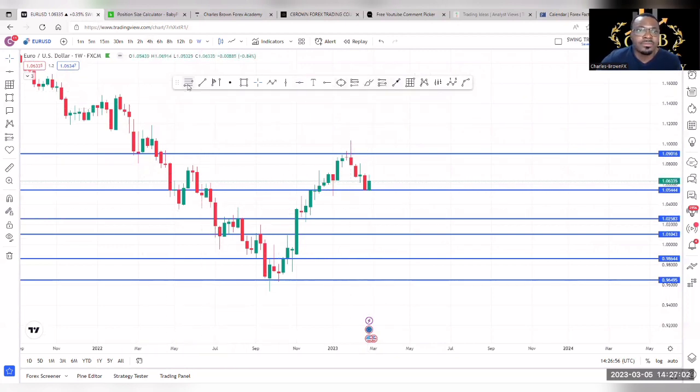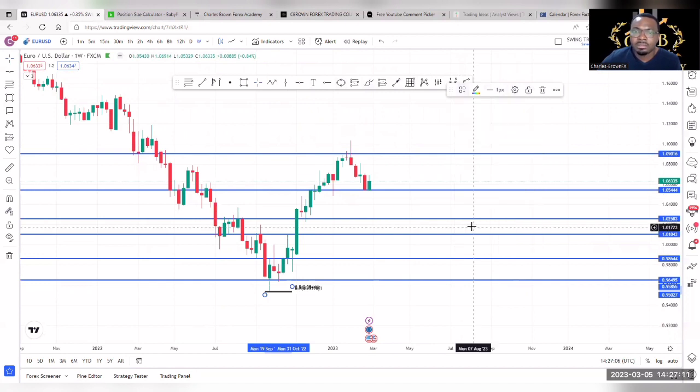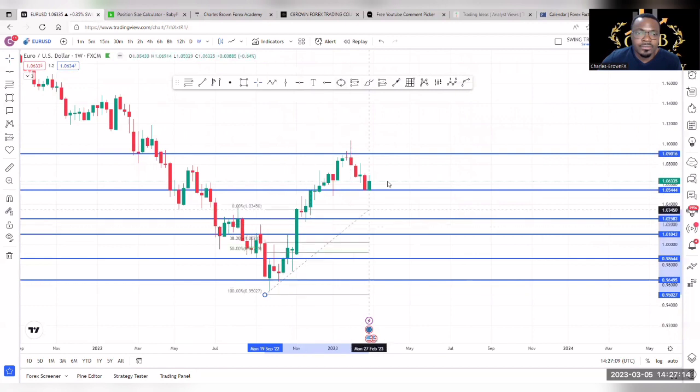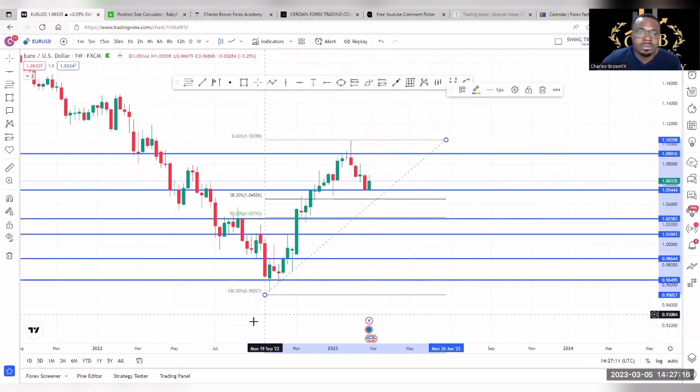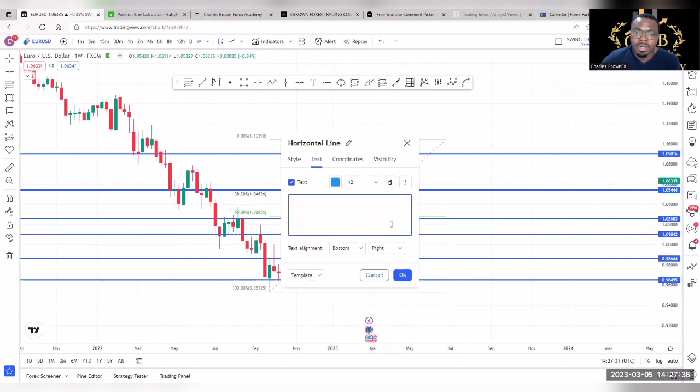Now, if you use your Fibonacci, let me see which one we're going to use. The reversal one. If you use your Fibonacci on the reversal one, we should be expecting price action at 38 or 50, or even 61 around this level, which is this key level here, this price action here.